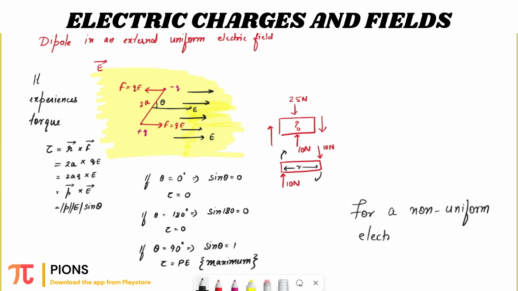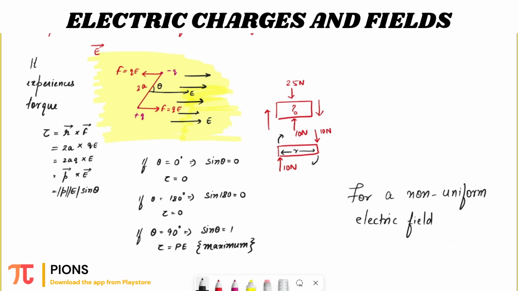For a non-uniform electric field, electric field value at each and every point will be different. So if electric field value at each and every point is different, then the force experienced by this minus Q charge will be different from the force experienced by the plus Q charge, because the electric field values are different, right? And in this situation, there will be two things happening along with the torque.